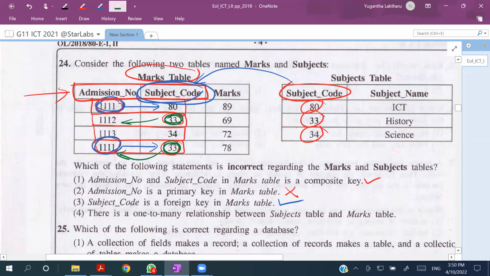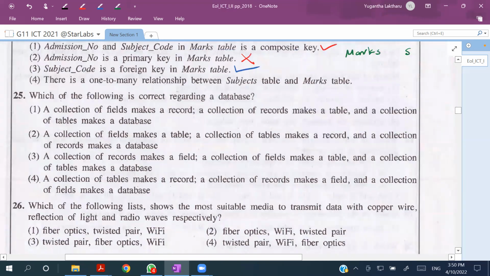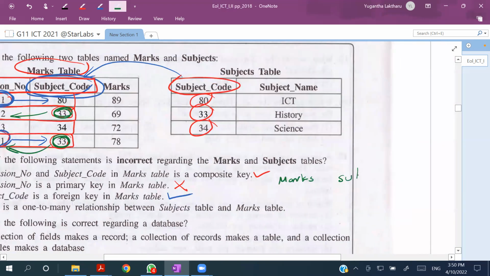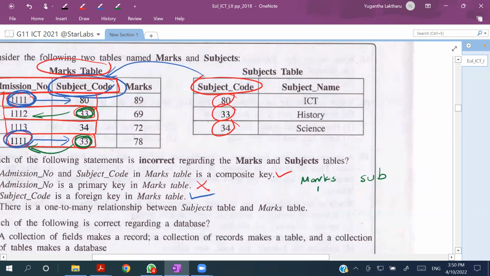So if we take admission number and subject, not the marks. One admission number has many subjects and one subject has many admission numbers.